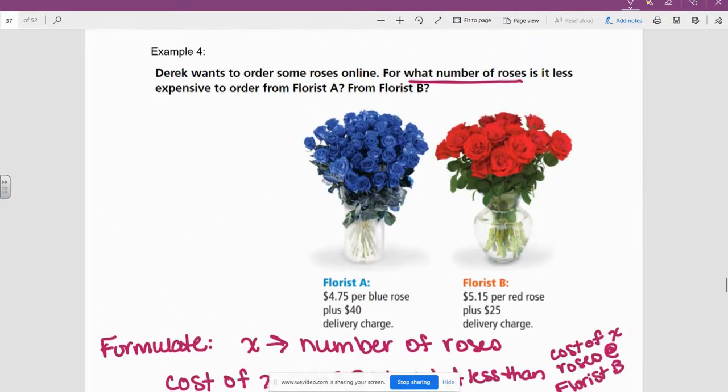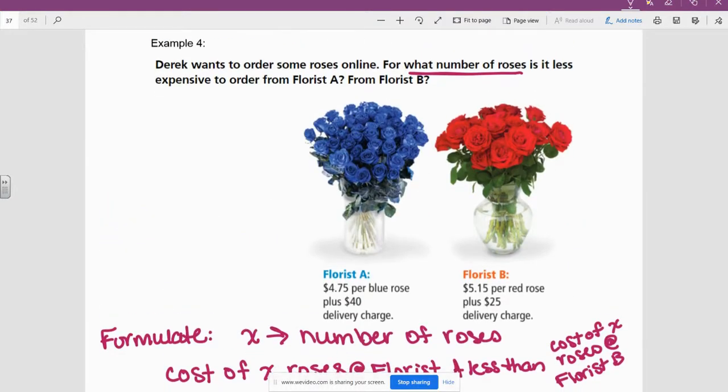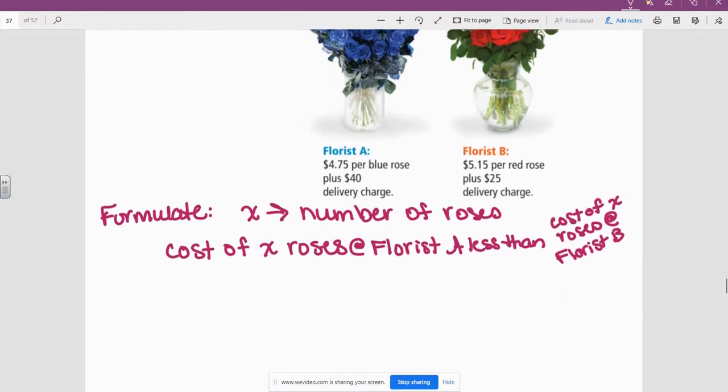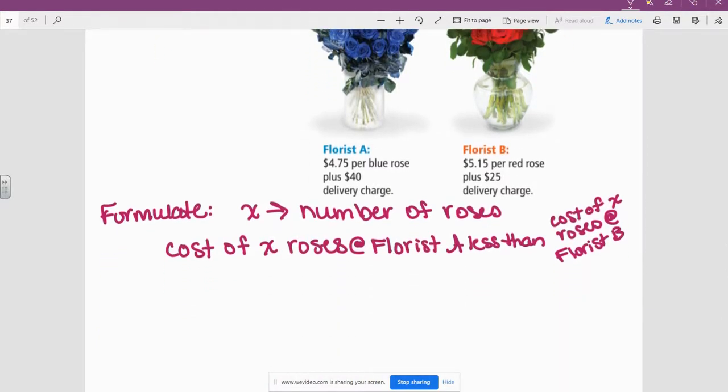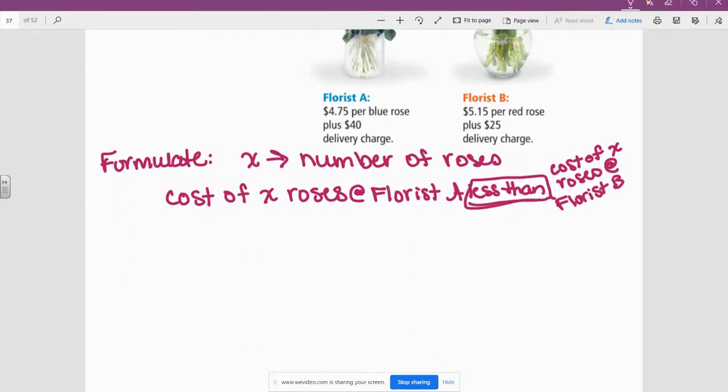So again, I got that from reading the question. I want to know what number of roses is it less expensive to order from A than from B. So I just wrote that. The cost of x roses at florist A, we want that to be less than the cost of roses at florist B. So let's go ahead and make our actual equation.